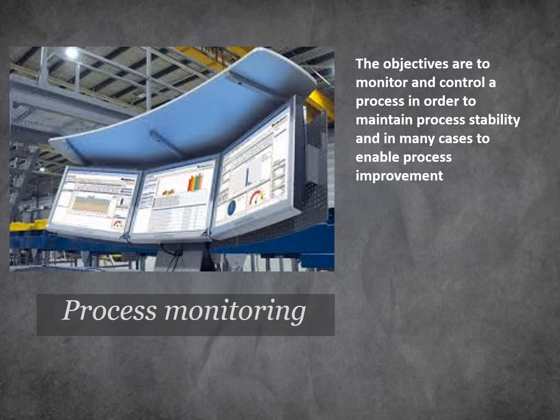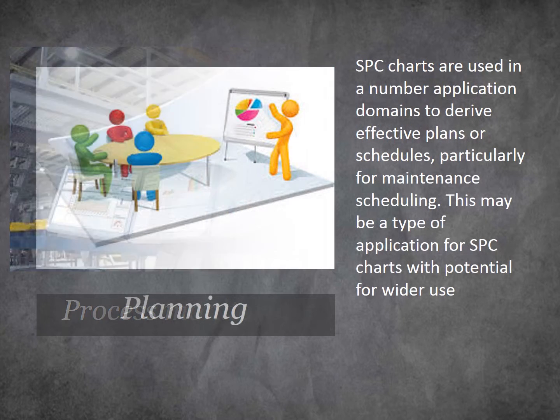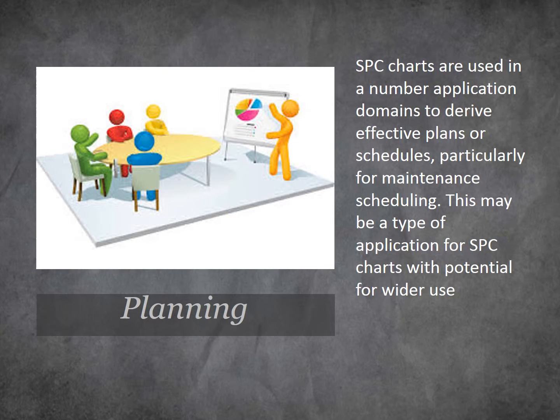For this group of applications, it is worth distinguishing between those applications for which conventional Shewhart charting techniques are deemed appropriate and those applications that require other techniques. Coming to planning, charts are used in a number of application domains to derive effective plans or schedules, particularly for maintenance scheduling.